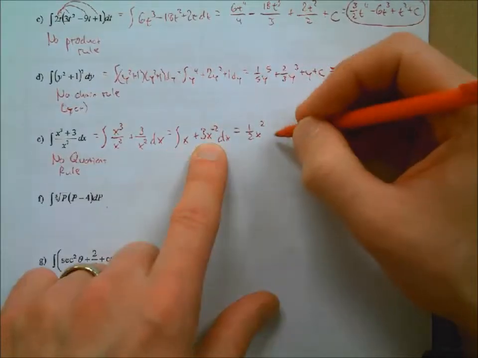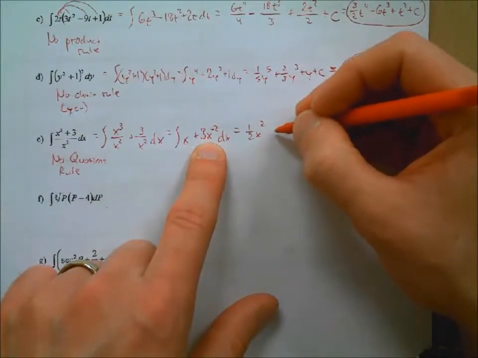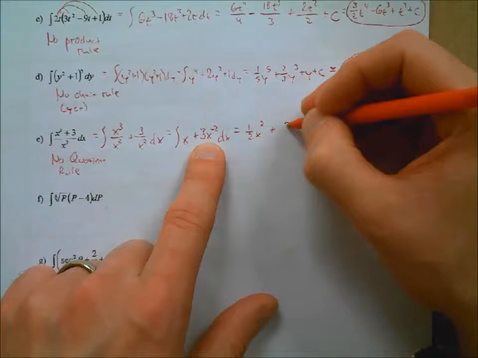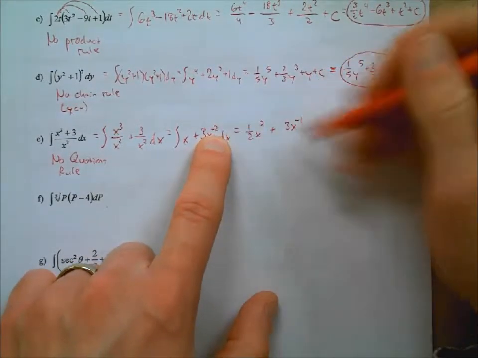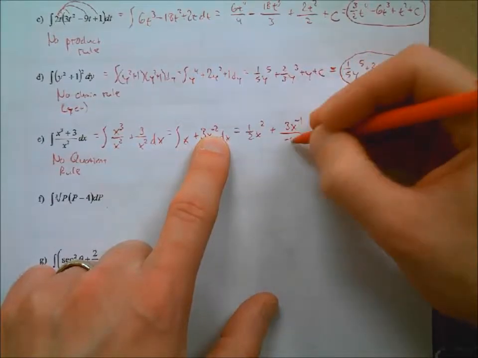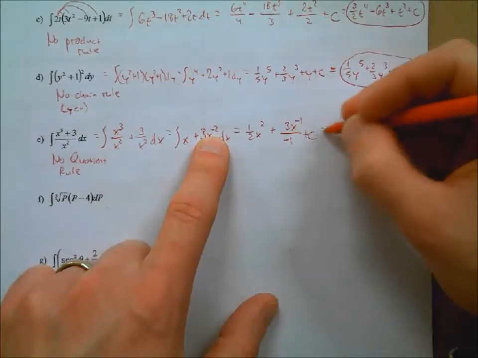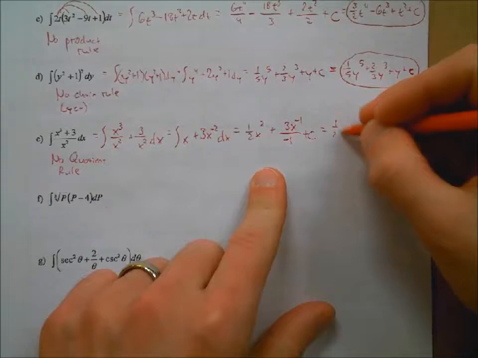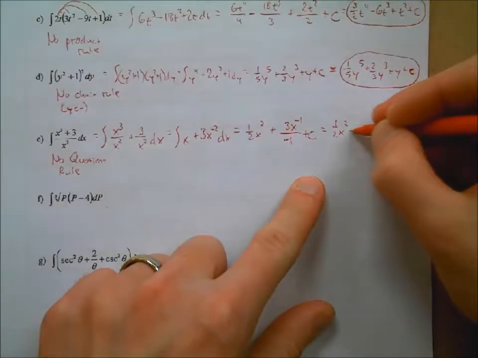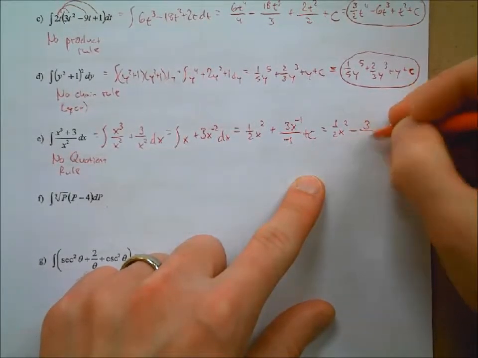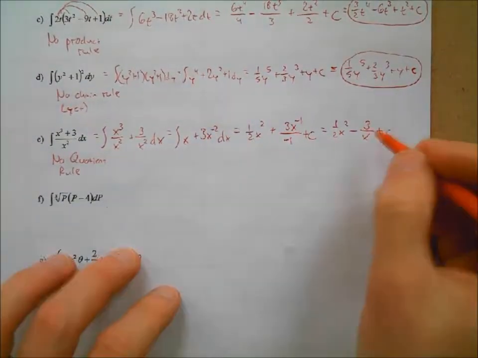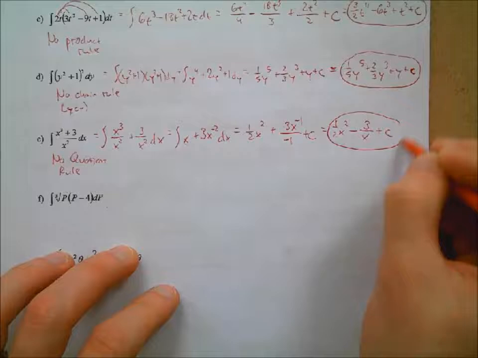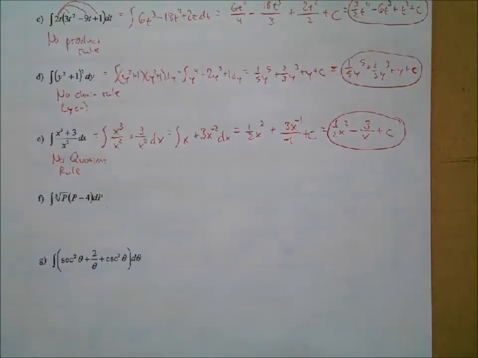And the integral of 3x to the -2, our new power is going to be -1, right? We're adding 1 to -2, so it becomes 3x to the -1 over -1, plus c. And so we simplify, so it's 1/2 x squared minus 3 over x plus c.